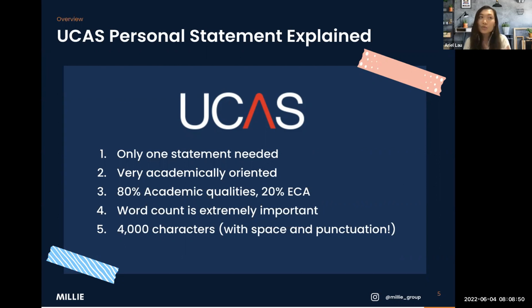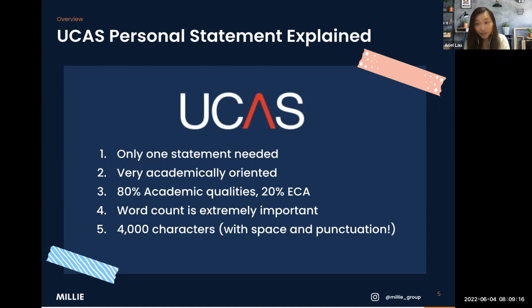With that said, the word count is extremely important in the UCAS personal statement, because if you go over the line count and the character count, you won't be able to submit your full essay. The limit is 4,000 characters with space and punctuation. That doesn't mean that you have 4,000 words to play around with.